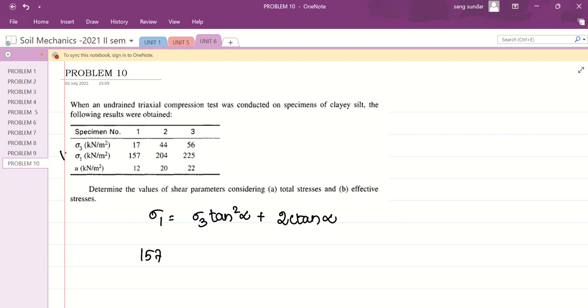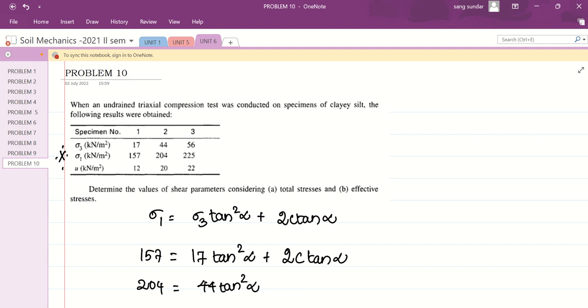So you have to be careful in substituting the value of sigma 1 and make sure whether it is sigma 1 or sigma d given in the question. 157 equals 17 tan square alpha plus 2c tan alpha, and then our next equation will be 204 equal to 44 tan square alpha plus 2c tan alpha.